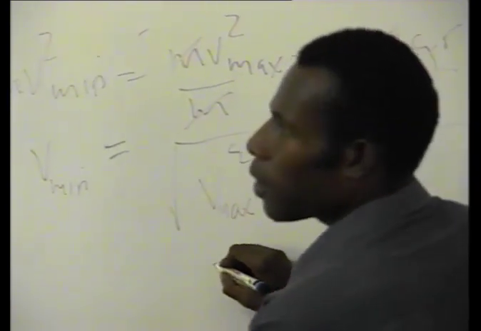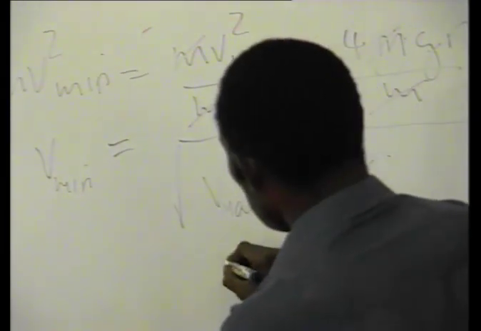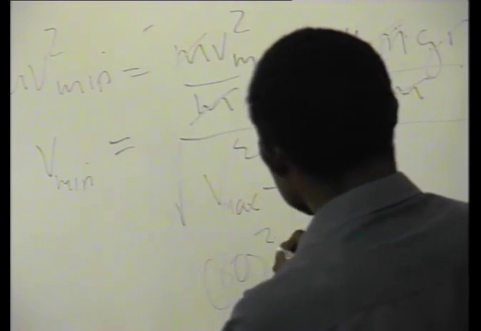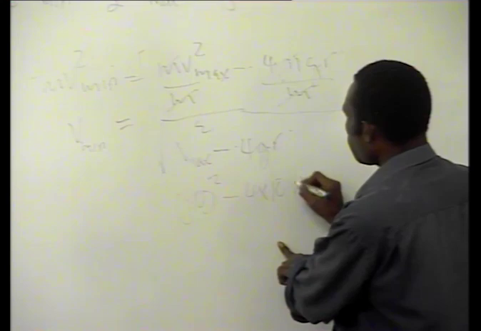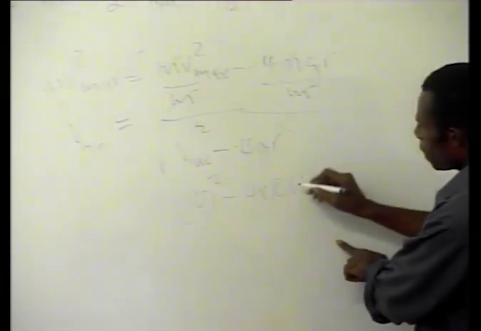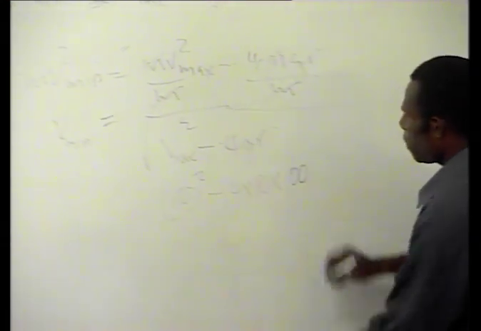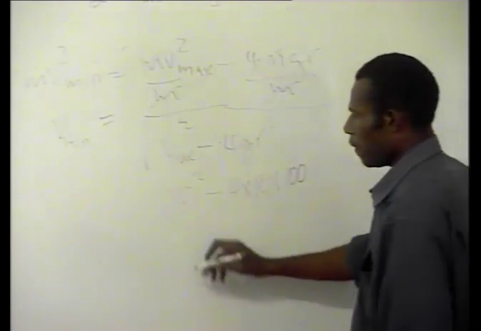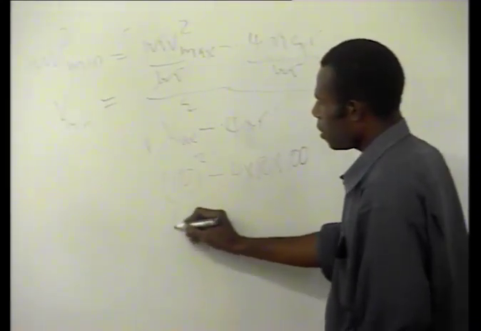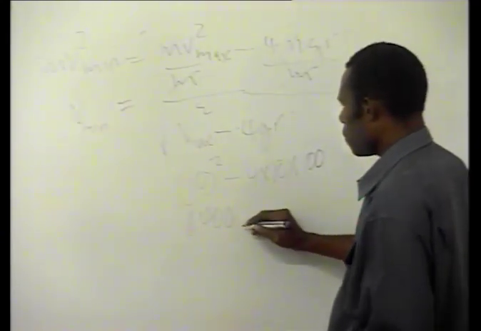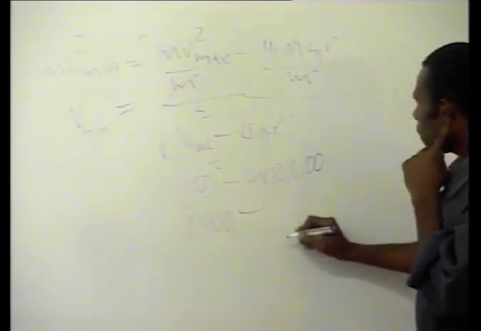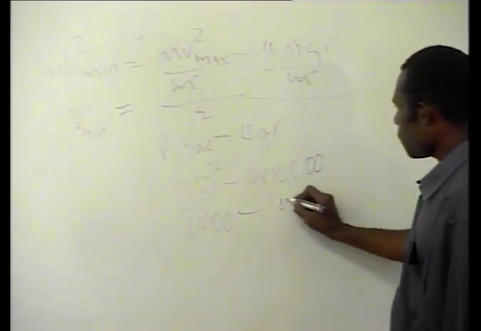What is the velocity? 80 square minus 4 times 10 times 100. 80 square is 6,400, and then you have this 4,000.